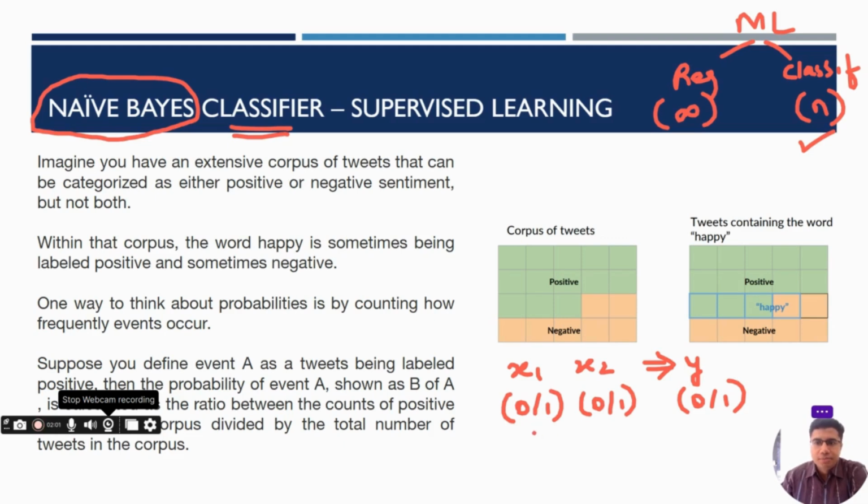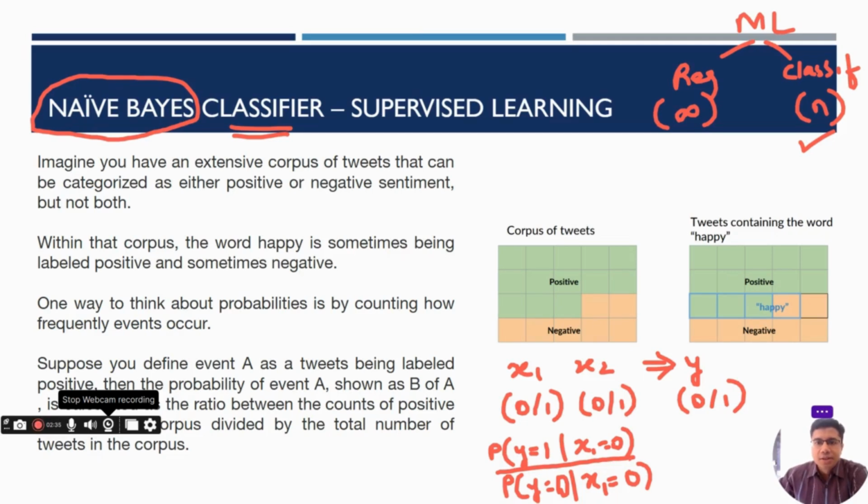What naive Bayes says is: calculate the probability that we get y equal to 1 when x1 is 0, and calculate the probability that we get y equal to 0 when x1 is 0.